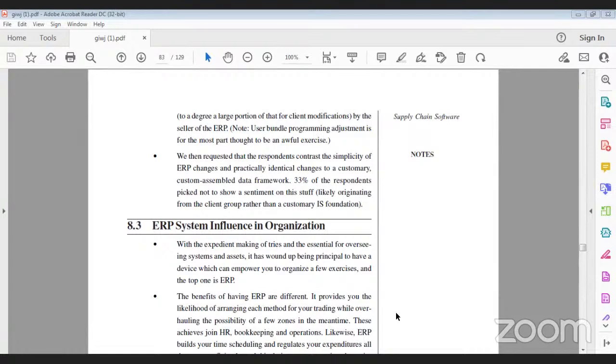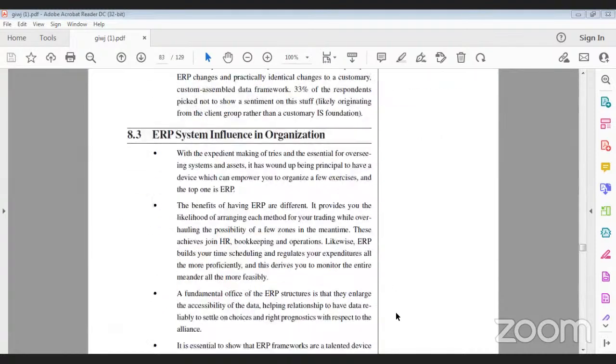A fundamental of the ERP structure is that they are accessible, helping the relationship with the data, and reliably settling on the choice of the right prognostics with respect to the alliance.